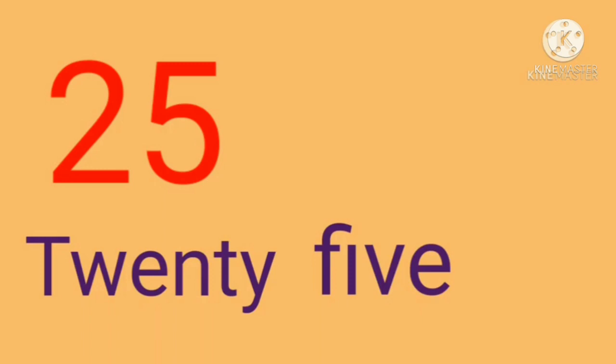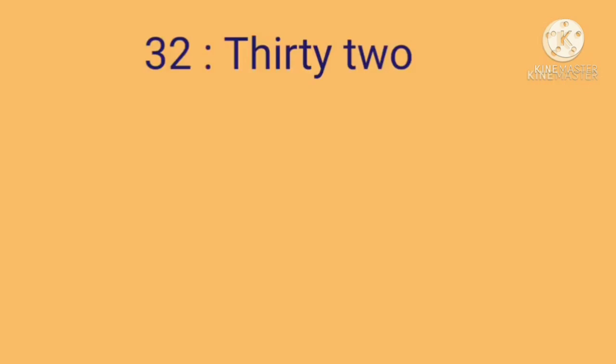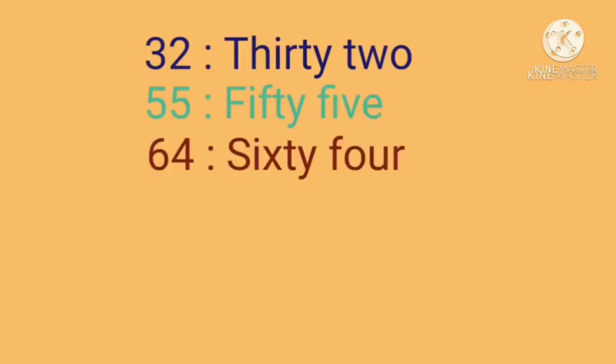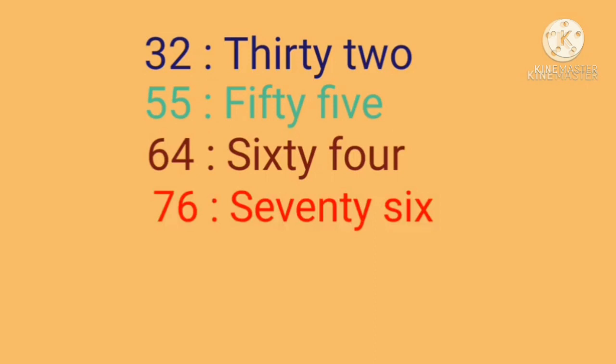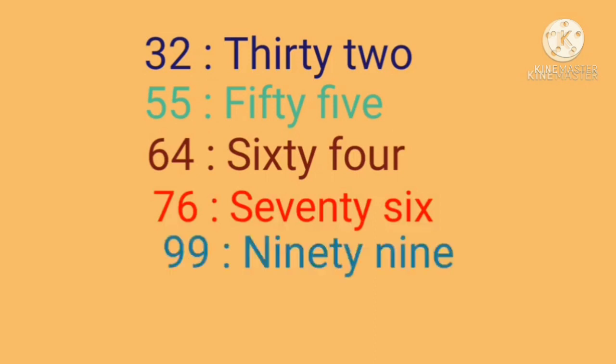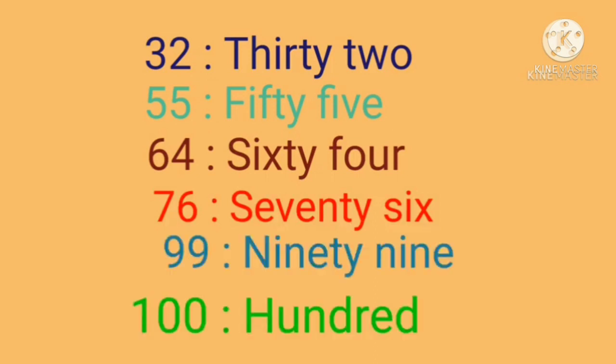Let us see some examples. 32, 55, 64, 76, 99, then 100. See children, what is the spelling of 100? Yes, H-U-N-D-R-E-D. Okay. Children, you have to practice how to write the spellings of numbers. Will you practice it? Okay.